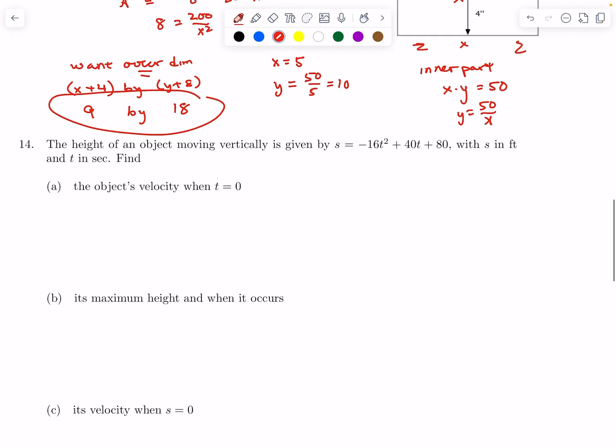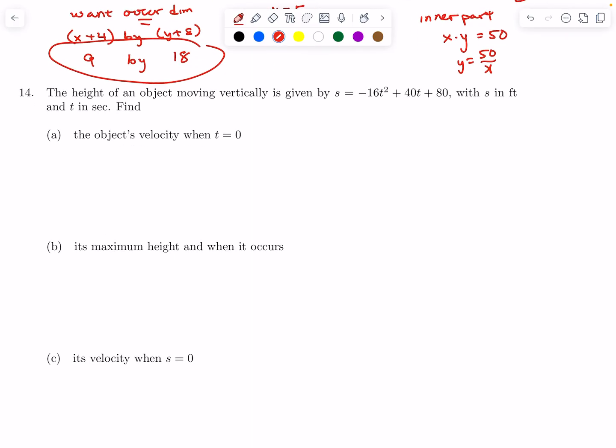All right. What is this doing in here? Oh, well, maximum height. Okay, fine. So the velocity is the derivative of height. We've seen that before.